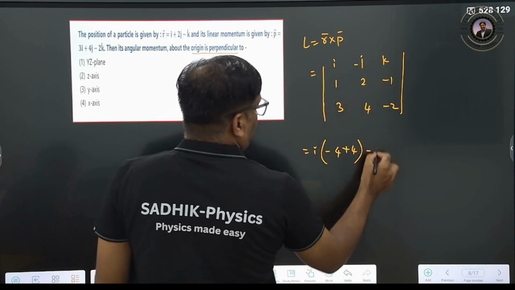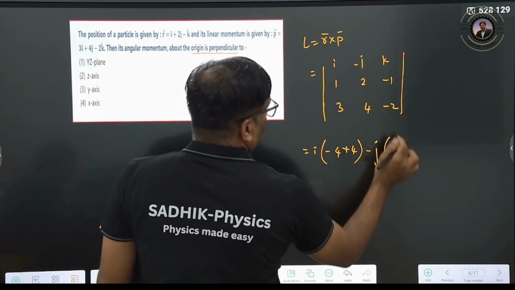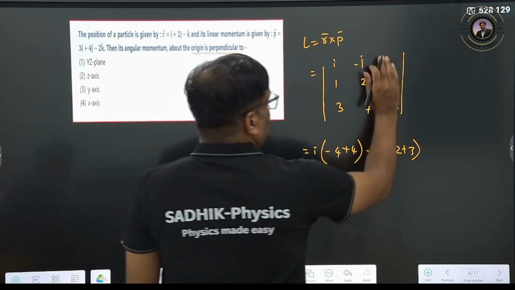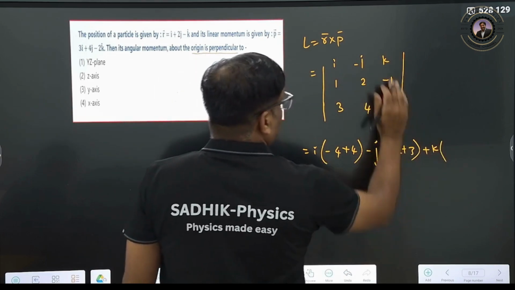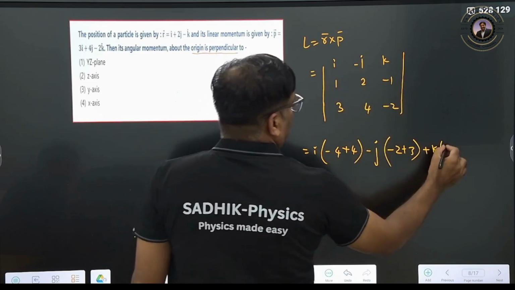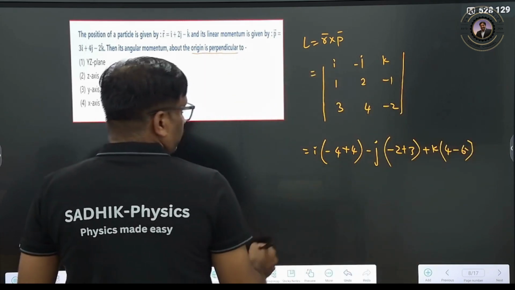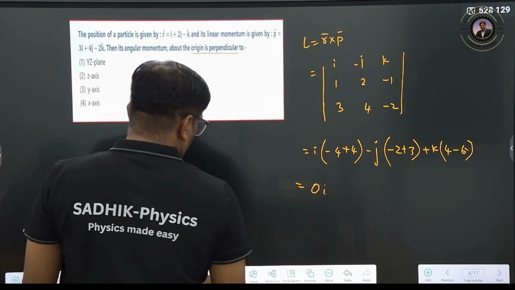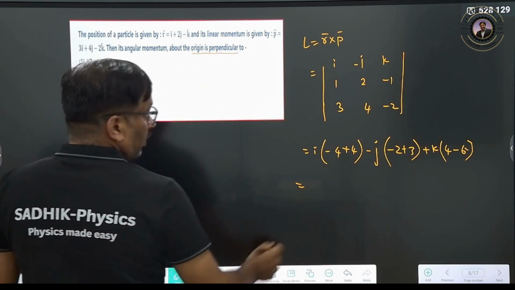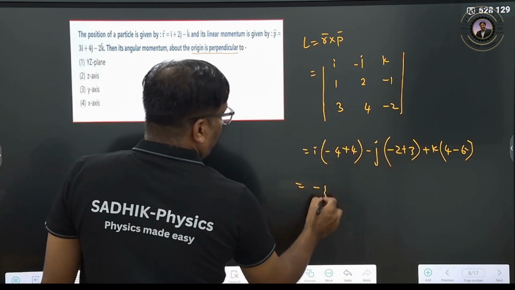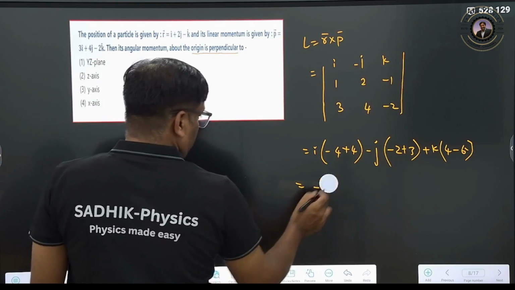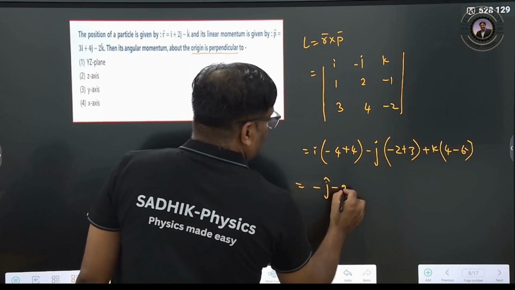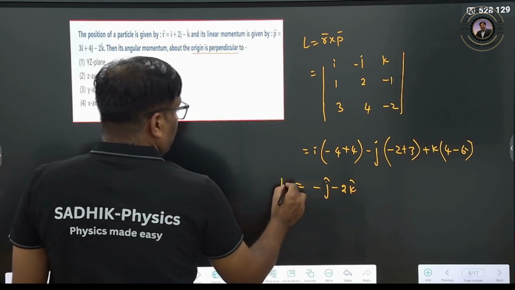This is minus j, so close this: minus 2, and this is plus 3, so 1. Clear? Then for k, AD minus BC is 4 minus 6, which is minus 2. So the i term is 0, therefore it is minus j cap minus 2 k cap. Now I got L.